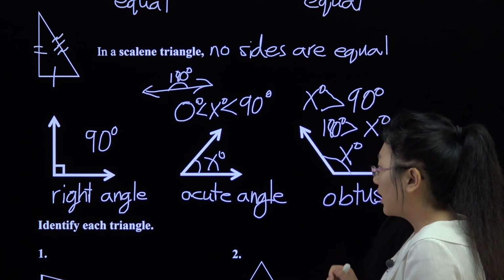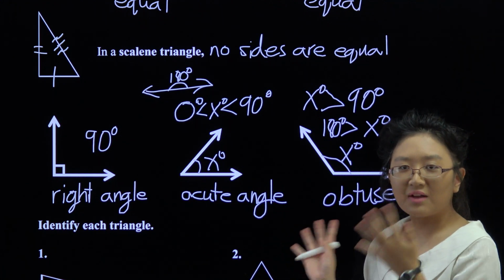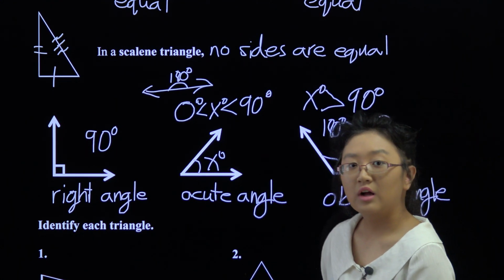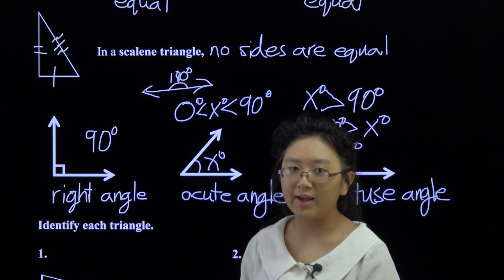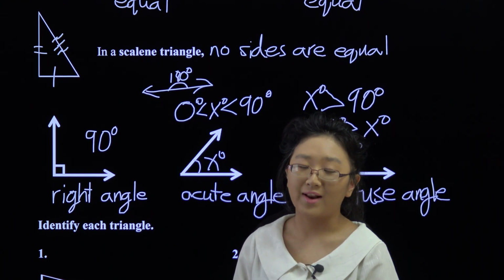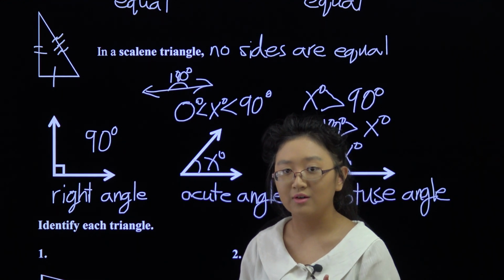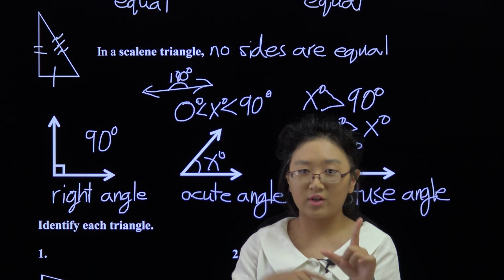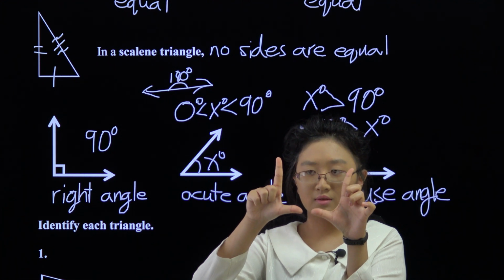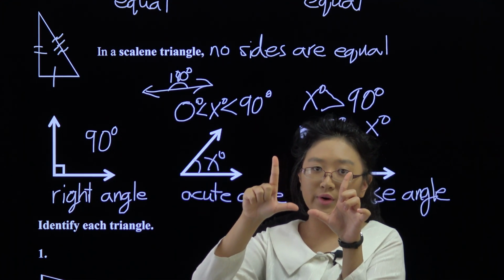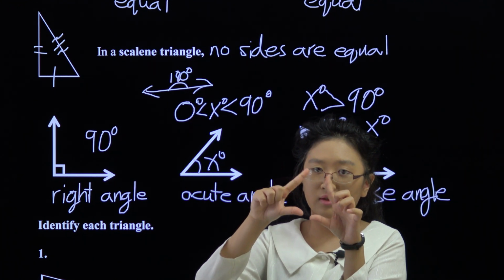Anyhow, so what does this have to do with triangles? Triangles can only have one right angle. It is impossible for a triangle to have two. Because think about it, if a triangle has two right angles, how are you going to connect these two sides?